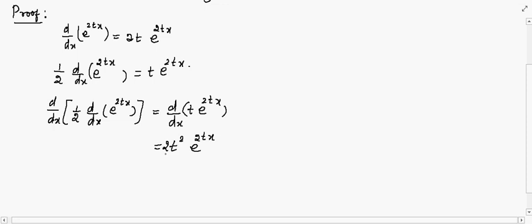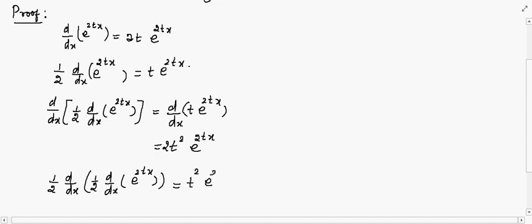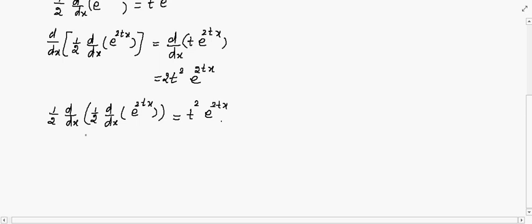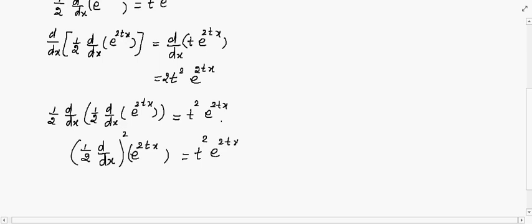Now take this 2 to the left hand side, then we'll get 1 by 2 d by dx of 1 by 2 d by dx of e power 2tx equal to t square into e power 2tx, or the left hand side we can write as 1 by 2 d by dx of whole square e power 2tx is equal to t square e power 2tx.